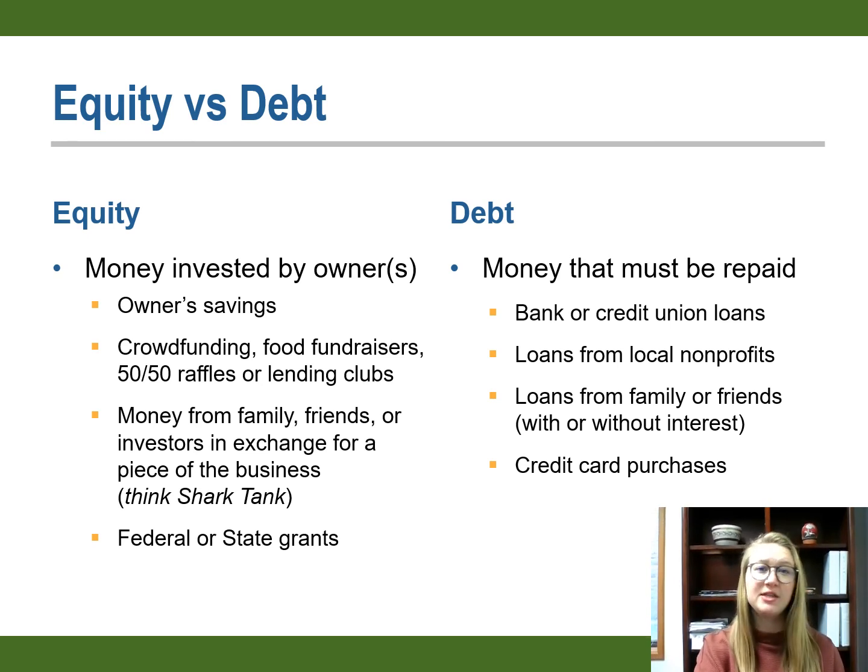So if we think back to the last slide, sources of equity funding include owner savings, crowdfunding, money provided by friends, family, or angel investors, and state or federal grants like the Indian Equity Fund grants. Sources of debt are loans that have to be repaid, even if you don't have to pay interest, and credit cards.